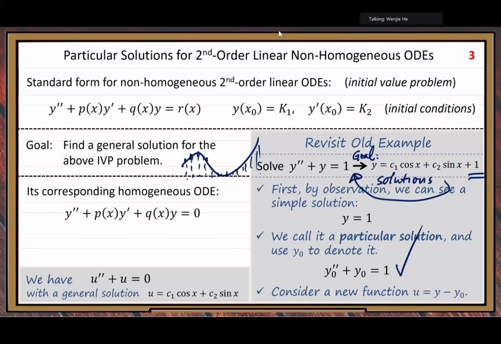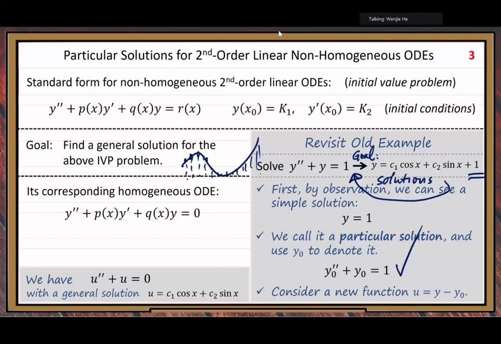So from this understanding, you can see the numerical approximation concept is very important in real world problem solving.